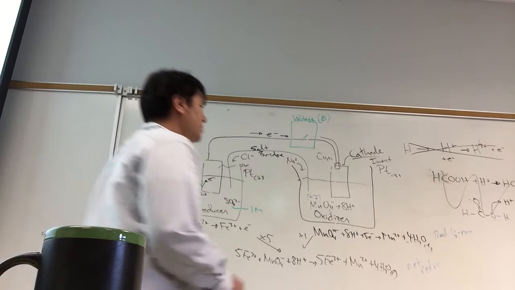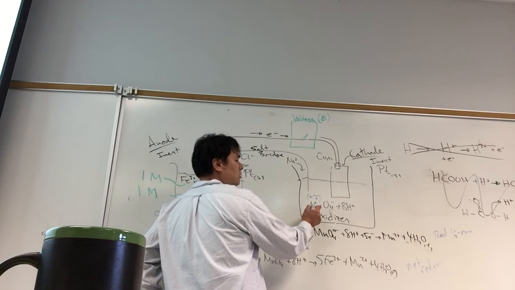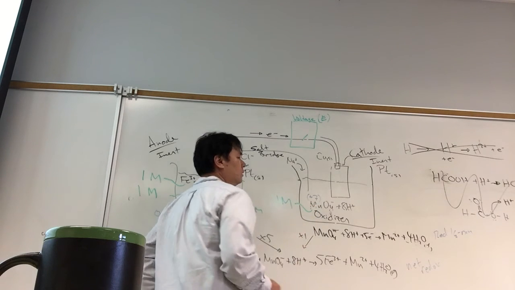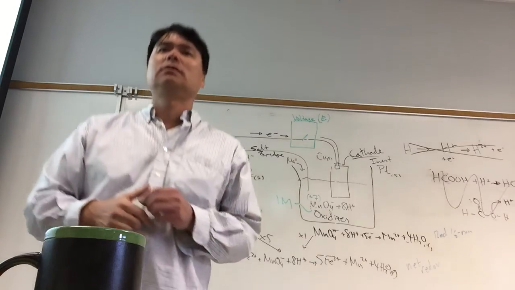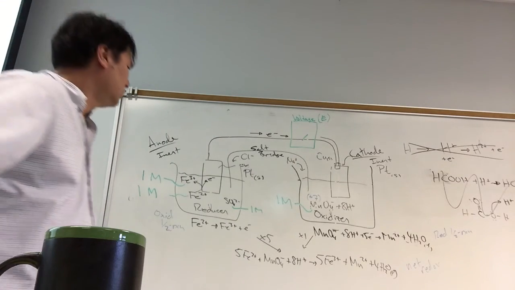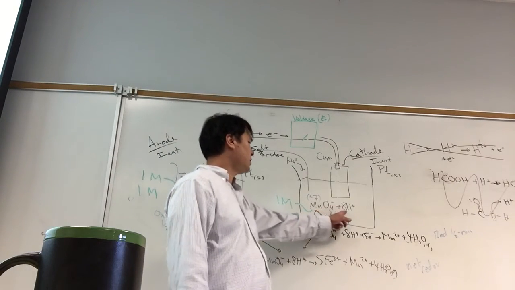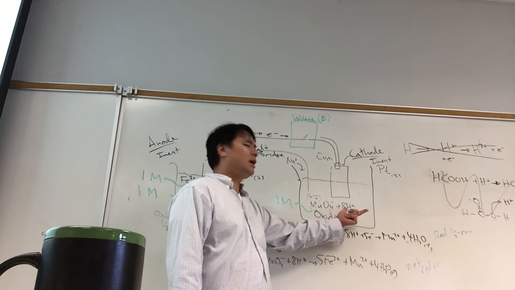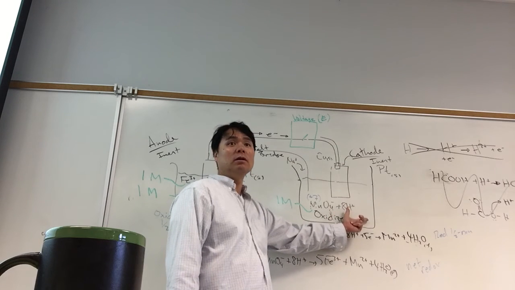Well, the same thing is going to happen over here. To do this under standard conditions, the permanganate has to be 1 molar. What about the H plus? If I look at the ratio here, I got 1 permanganate and 8 H pluses. So the permanganate must be 1 molar. Does that mean the H plus is 8 molar?